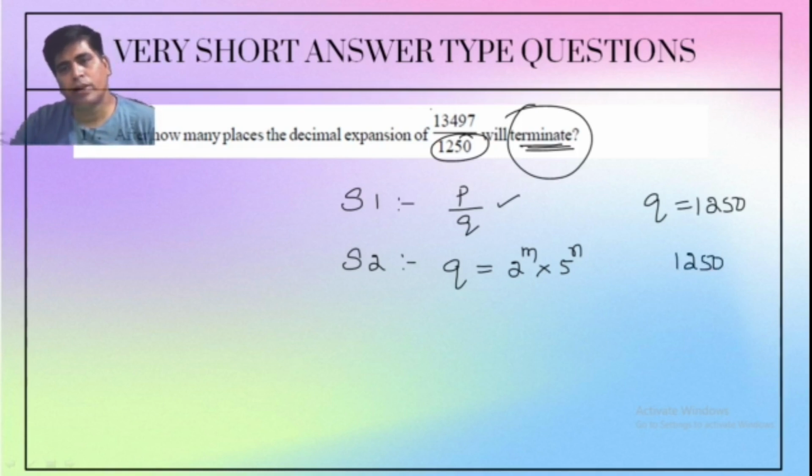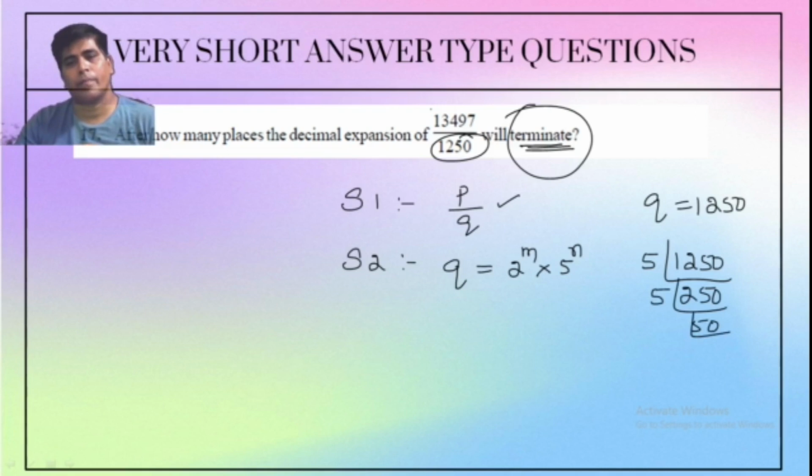So 1250, we divide with 2. 5 2's are 10, 5 5's are 25, and 0. Again it goes by 5. 5 5's are 25 and 0. 5 10's are 50. Again with 5, 5 2's are 10.